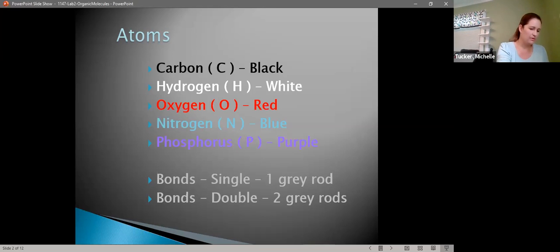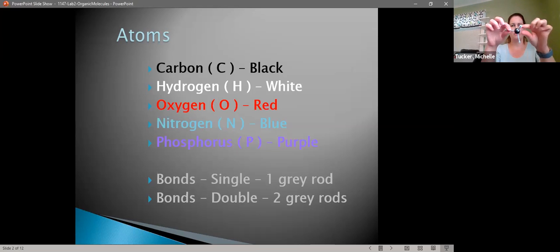For lab, what we do is we build models with our kit. And so these just represent bonds. The gray sticks represent bonds.